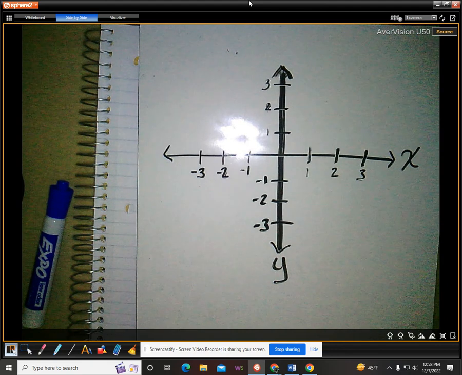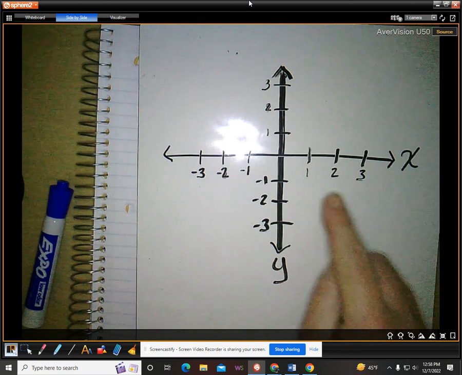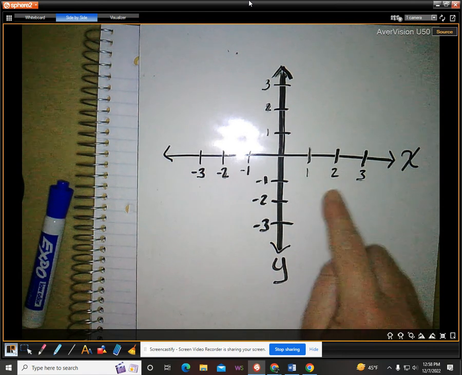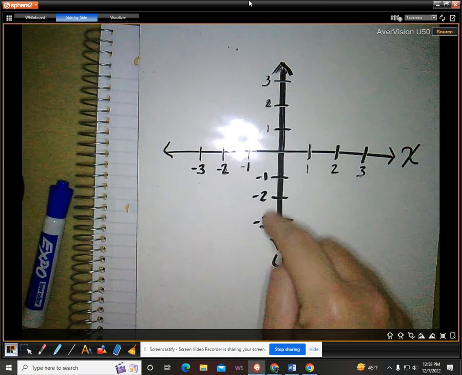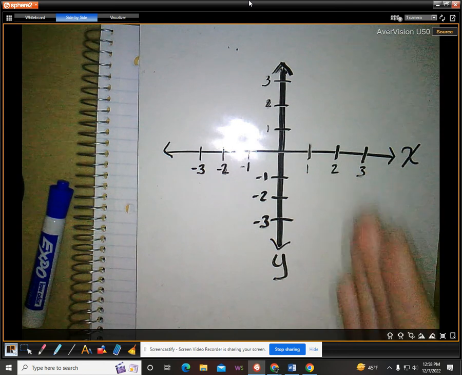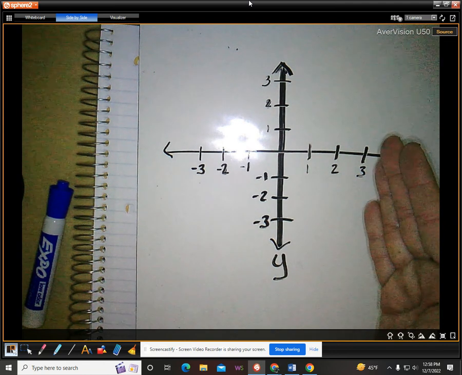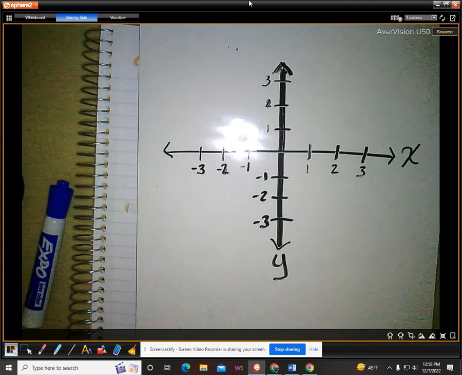Now, not every coordinate plane is going to count by ones. You may have a coordinate plane that goes by 2s, so it would be 2, 4, 6, -2, -4, -6. It's just a number line. But however one side counts, all the others have to count the same exact way.